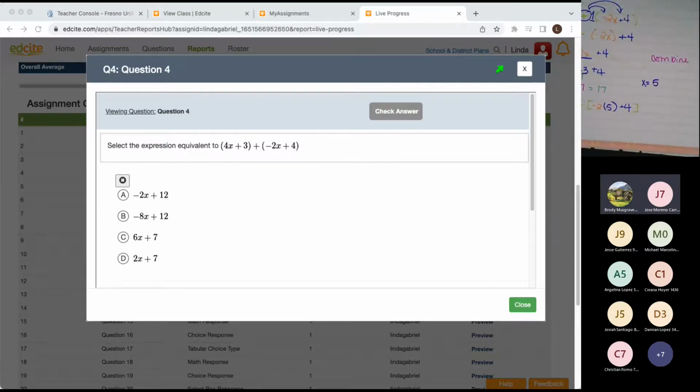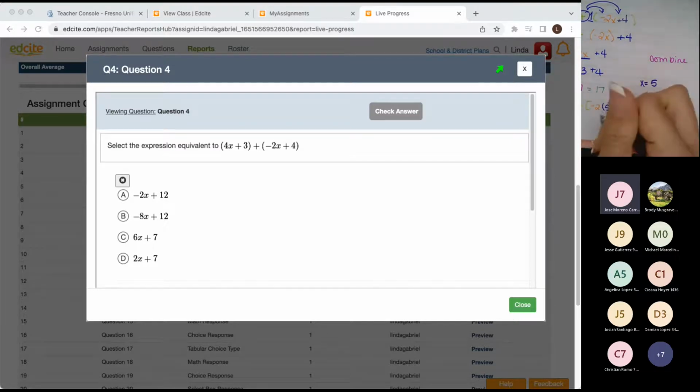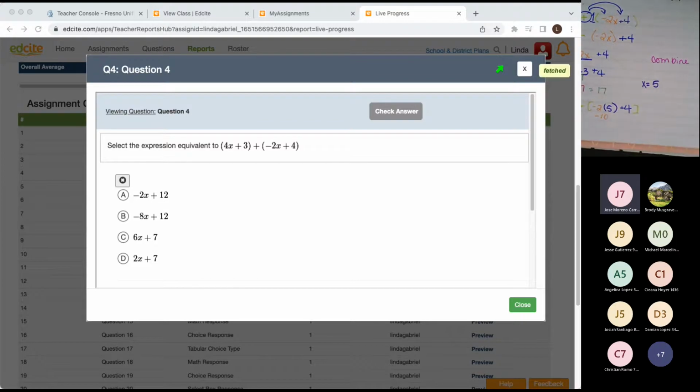Okay, 4 times 5 is 20. So I have 20 plus 3, which is equal to 23. And for negative 2 times 5, that gives me negative 10 plus 4.